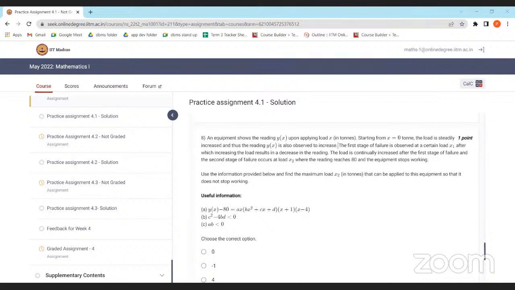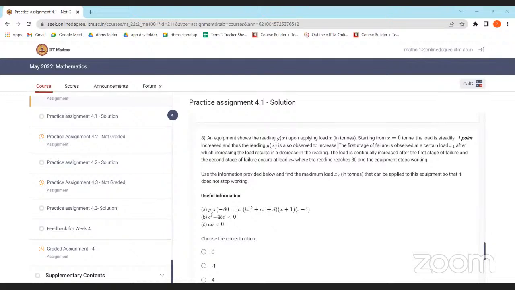So y is a function of x. Starting from x equal to 0, the load steadily increases. So y is a function of x, right?